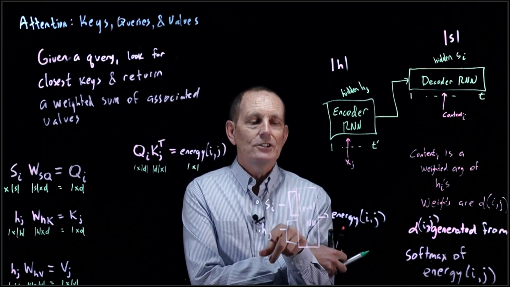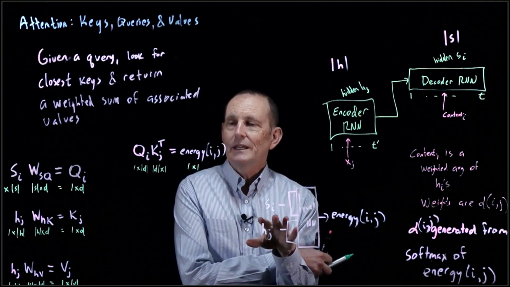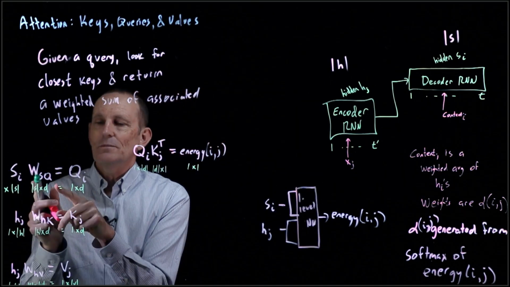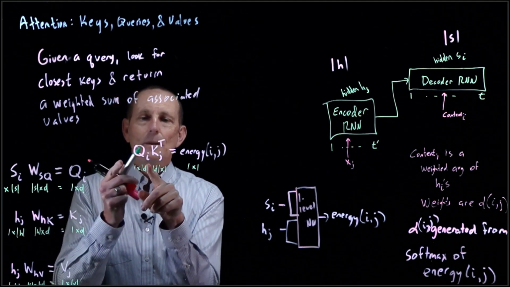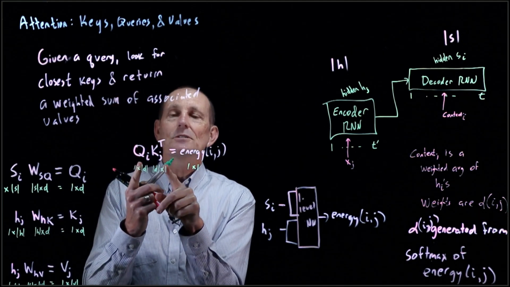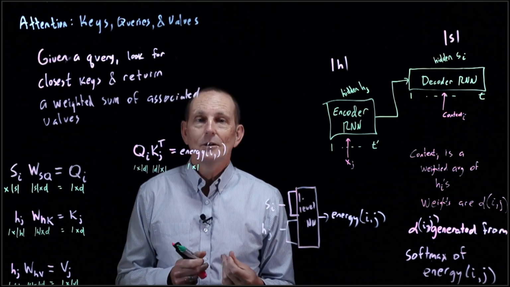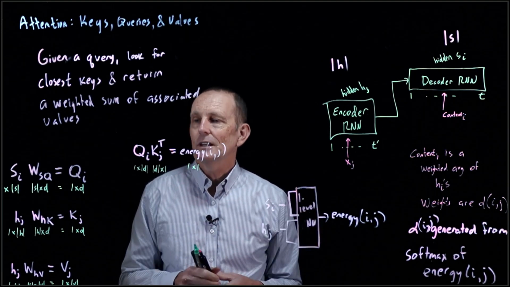Just as we could feed S sub I and H sub J into this one-level neural network and get out our energy, we can alternatively feed S sub I through this matrix to get a query, H sub J through this matrix to get a key, and then do this matrix multiplication and finally get our energy. So it's a different approach we're using, but again, we're effectively taking S_i and H_j and feeding them to get an energy.